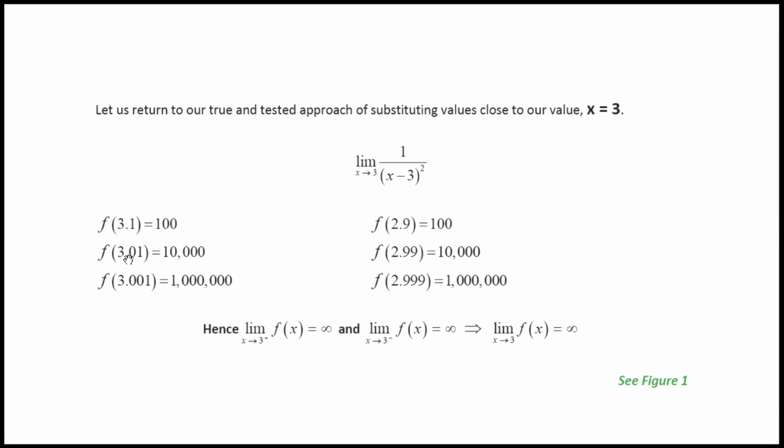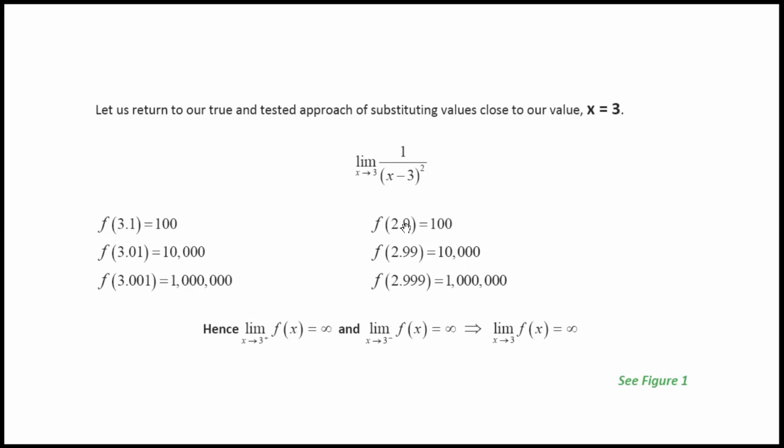Likewise, when 3.01, you subtract 3 from it, you're going to get 0.01, which is 1 over 100. When you square that, you get 1 over 10,000. And when you invert and multiply, you get 10,000. And by the same token, 3.001 is going to give you 1 million. And it looks like it's trending towards infinity. And that's what we're going to declare the answer there is infinity.